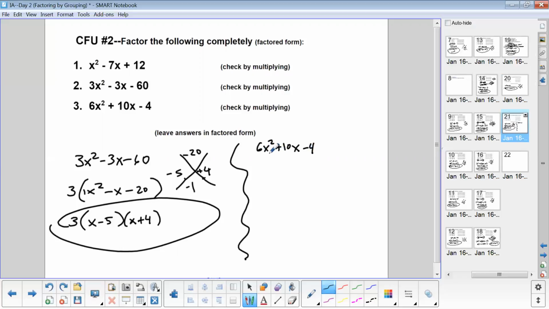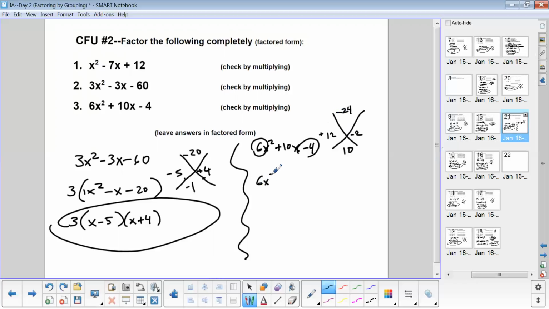I could factor a 2, but I'm still going to be left with A being bigger than 1. So I'm just going to take 6 and negative 4, and that gives me negative 24, and it has to add to give me 10. So that's going to be 12 and 2, and we're going to say this one is positive and this one is negative because they'll add to give me 10, but they'll multiply to give me negative 24.